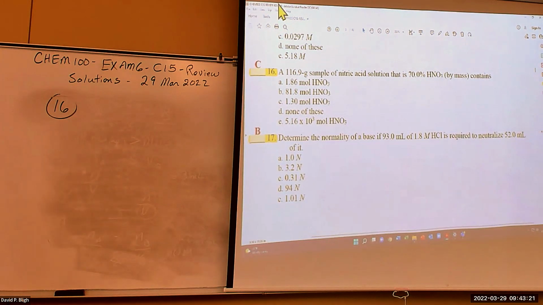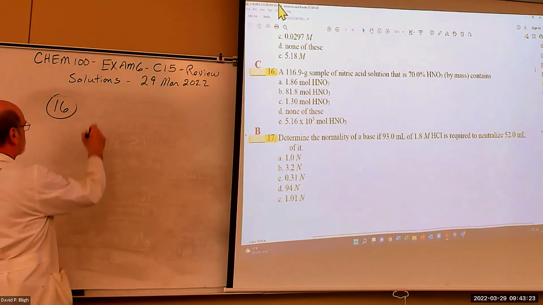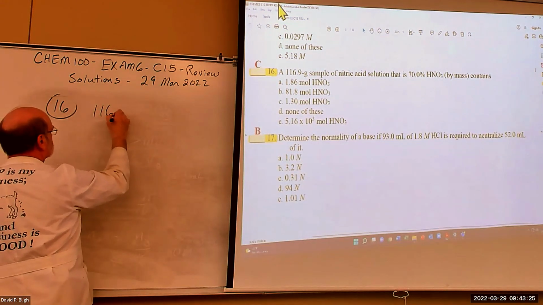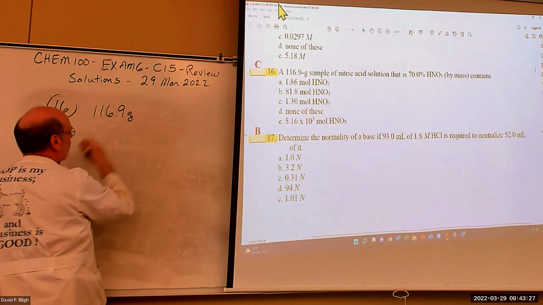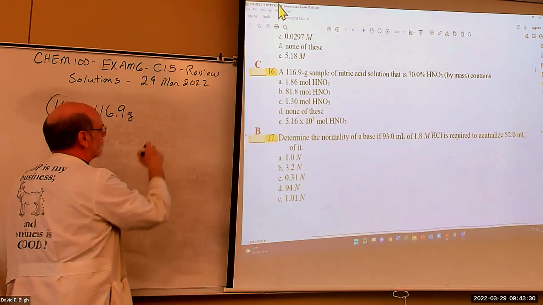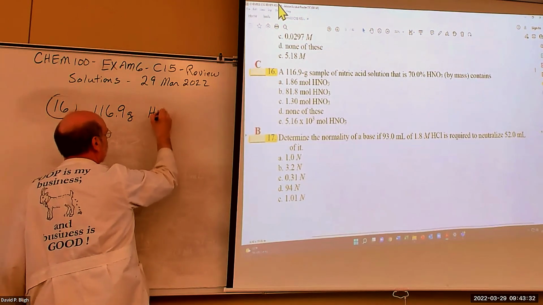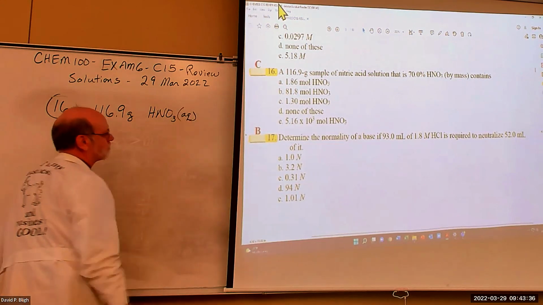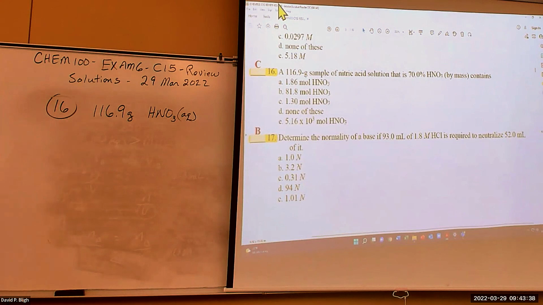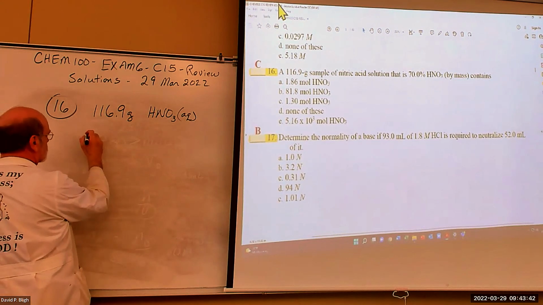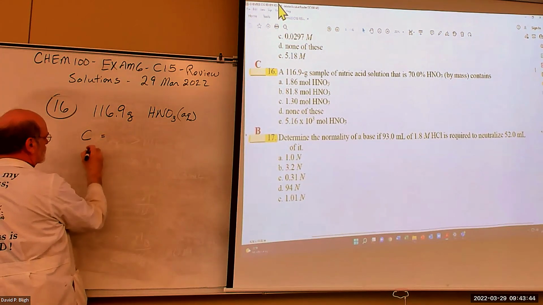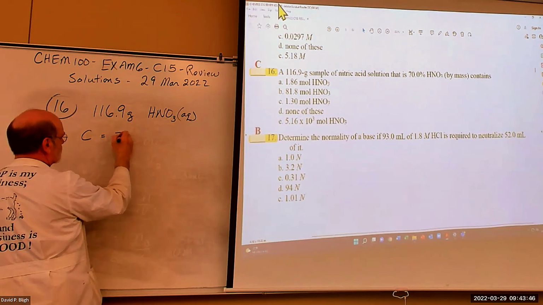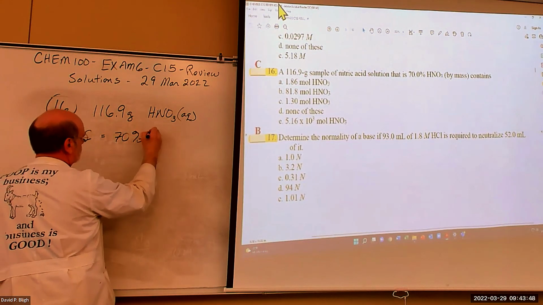A 116.9 gram sample of nitric acid solution has 70% HNO3 by mass. So the concentration here is 70% by mass.